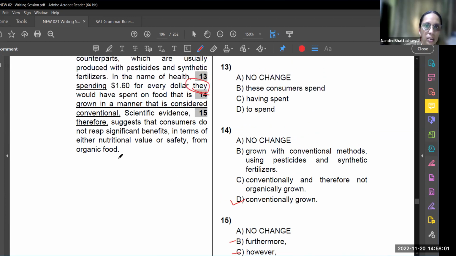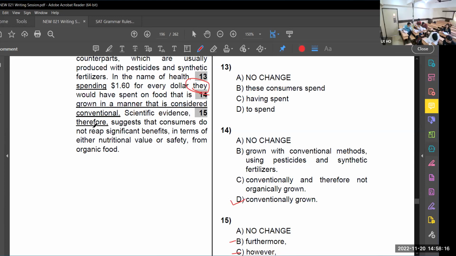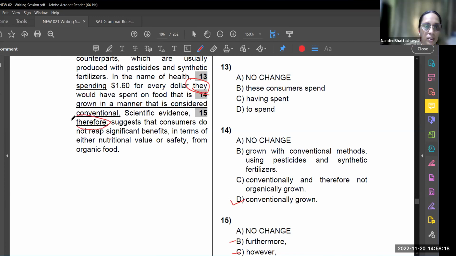Now the previous sentence was talking about consumers spending so much, have spent, on food that is grown in a manner that is considered conventional. Here we say scientific evidence, say you create a blank over here, suggests that consumers do not reap significant benefits in terms of either nutritional value or safety from organic food.